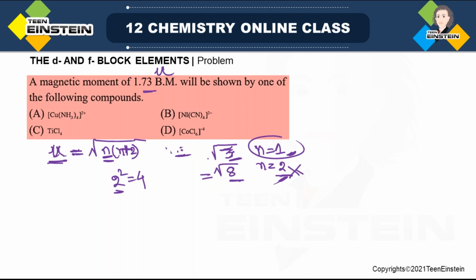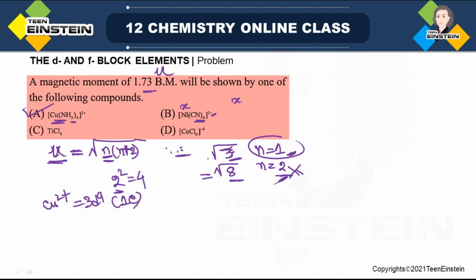So next what you will do, in which case there is one unpaired electron, that you have to find out. Now for copper 2 plus, because ammonia is neutral. So when it is copper 2 plus, it is 3d9, and in 3d9 there is one unpaired electron. So this will be the correct option. Then nickel. Nickel having 4 cyano ligands, that means 2 negative charge excess.